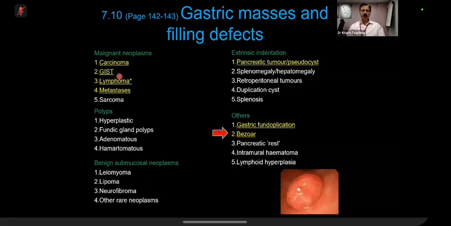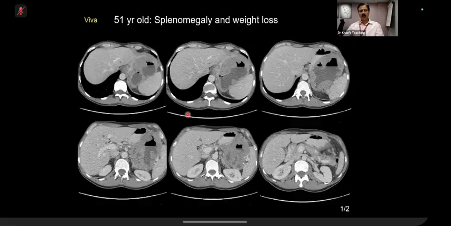GISTs can be benign and they can be malignant. The general concept is that anything more than 5 centimeters, you should be worried about malignancy. And the classical exam case is this one.